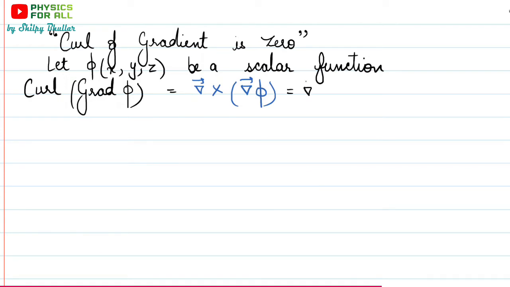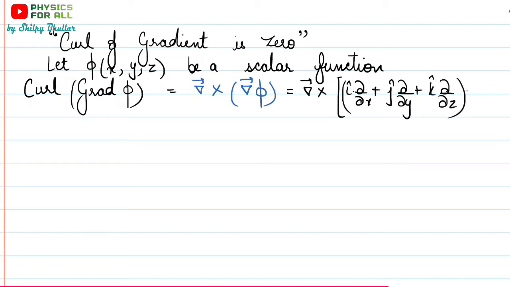So first this del cross will stay as it is, and for this del phi, del is i cap curly by curly x plus j cap curly by curly y plus k cap curly by curly z, and this would be operating on phi.